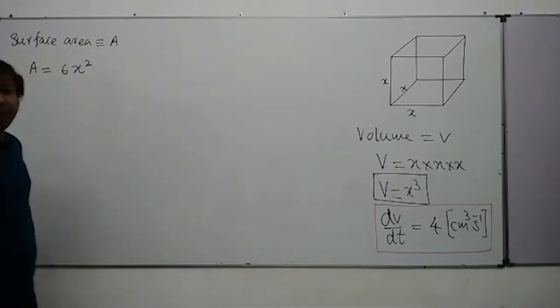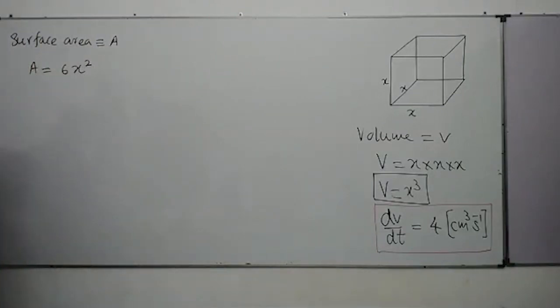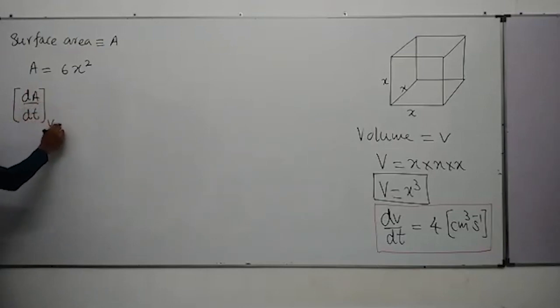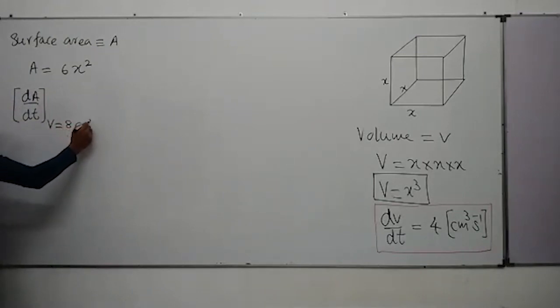People, the rate of increase in the area we need to find. Rate of increase in the area is dA by dt. We need to find dA by dt when the volume of the cube is 8 cubic centimeters. This is what we need to find.